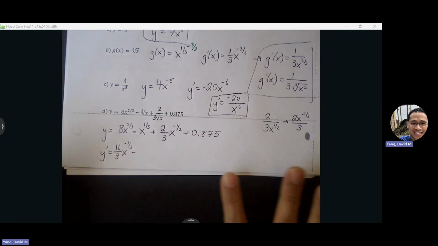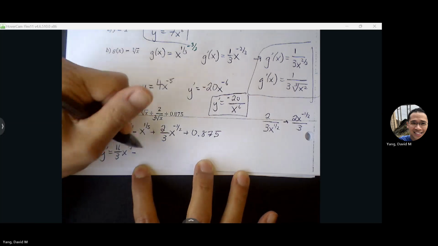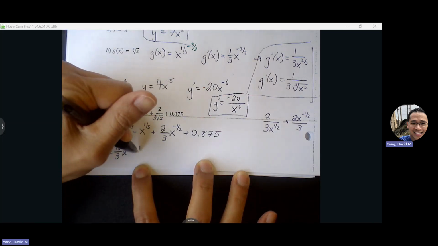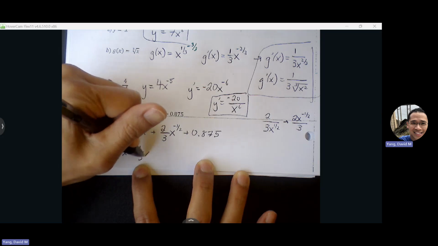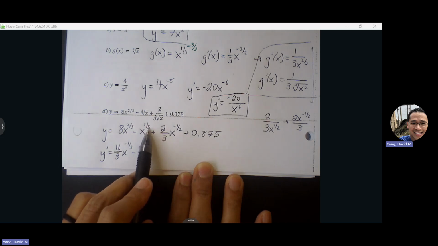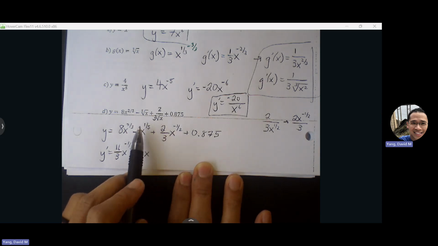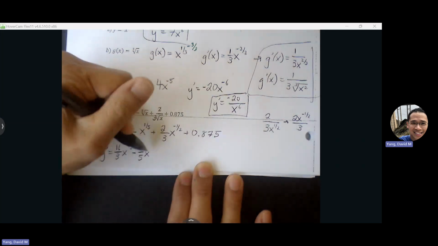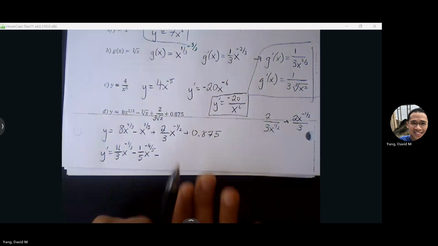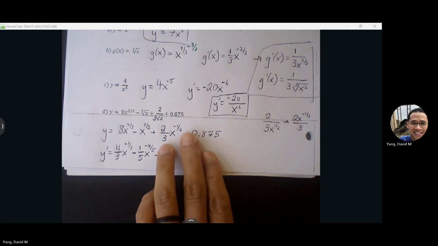Okay, next term. Exponent. So 1/5 comes down, and then x to the what? Yeah, because I'm subtracting 1, but I got to force that common denominator, so minus 5 over 5. So 1/5 minus 5 over 5 is negative 4/5. Okay, next.